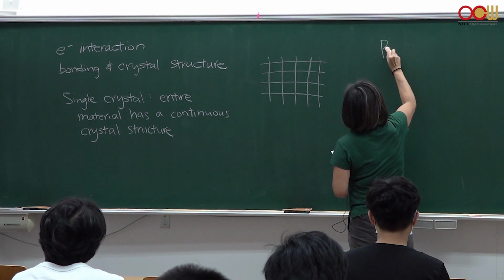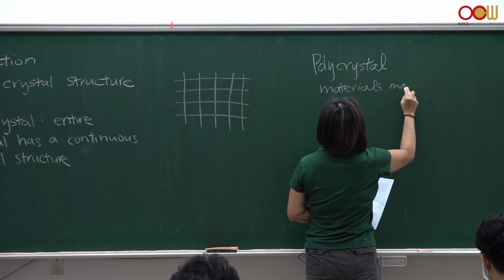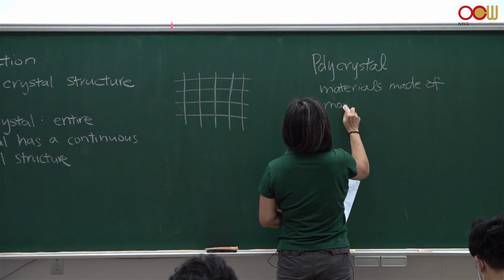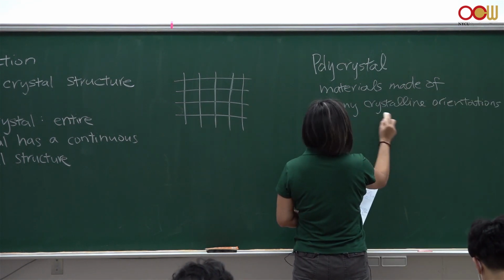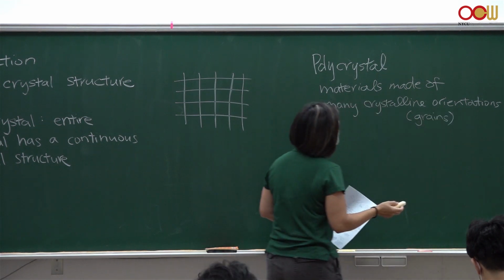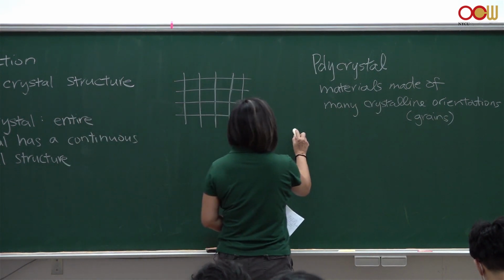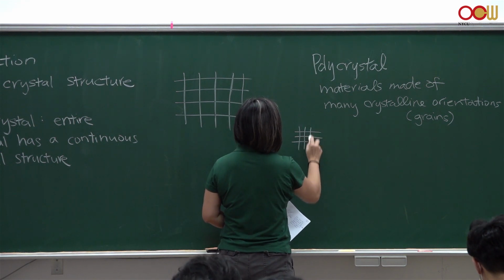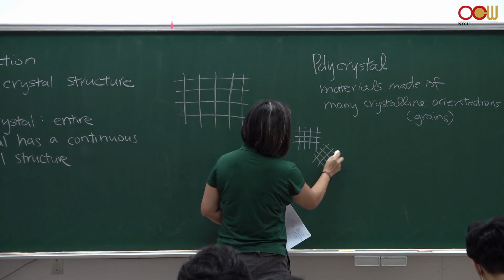But that's really rare. We don't usually use materials that have a single crystal without any interruptions. What we usually use are polycrystals. These are materials made of many crystalline orientations, which we sometimes call grains. If I were to draw something in two dimensions again, it might look something like this. You have a crystal here, and another crystal here.